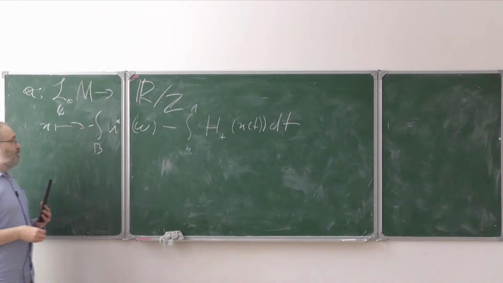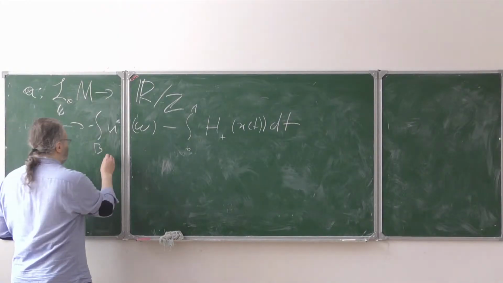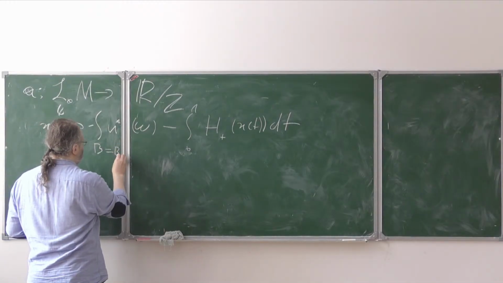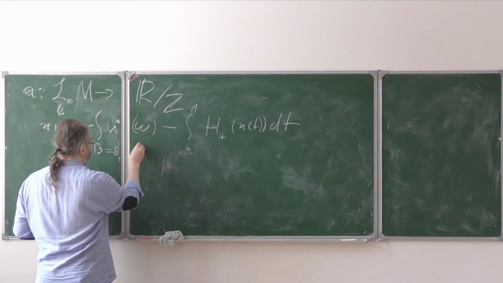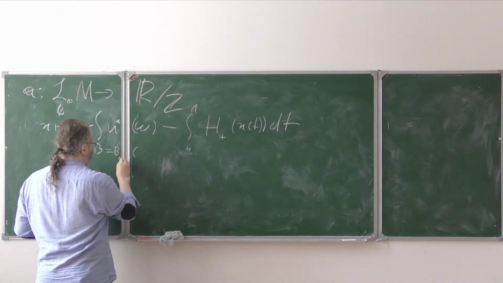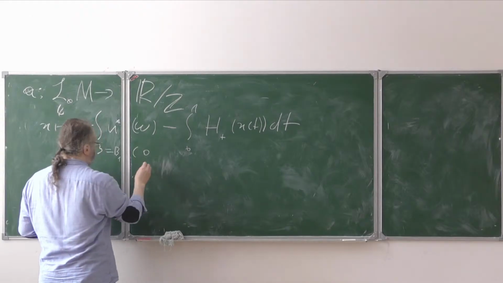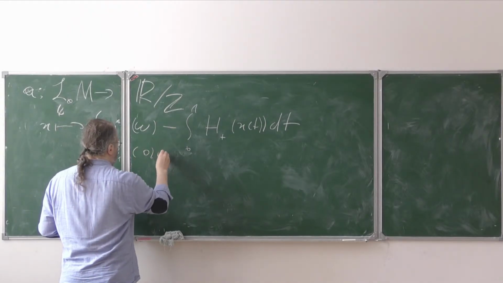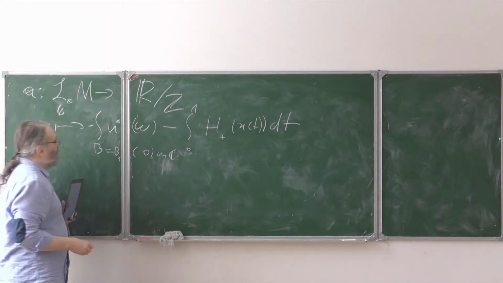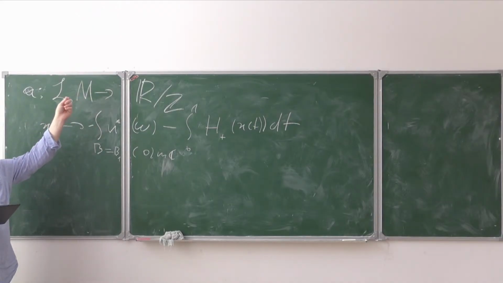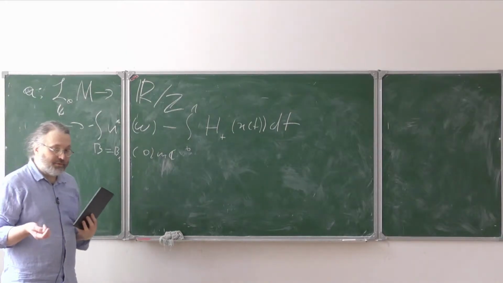Okay, now, let me briefly review the notation. L naught is the space of contractible loops.